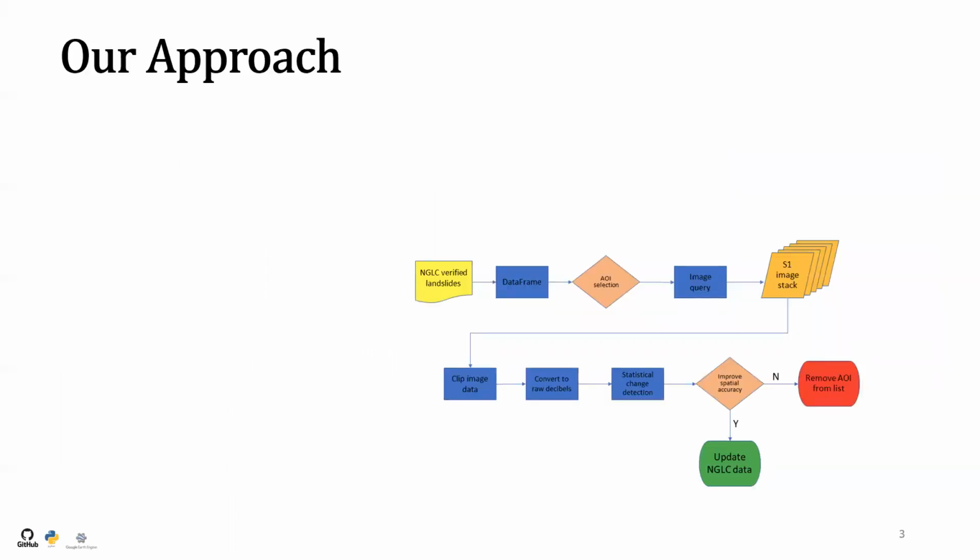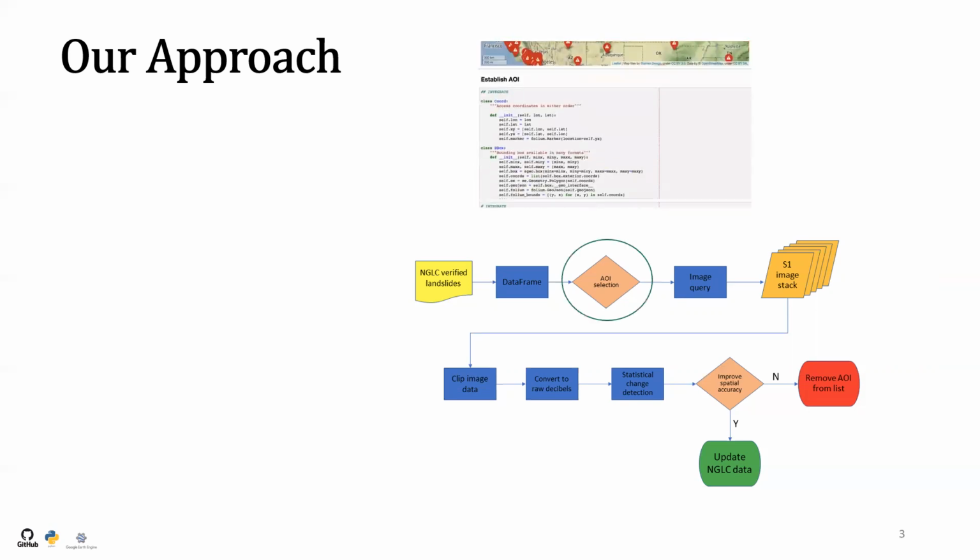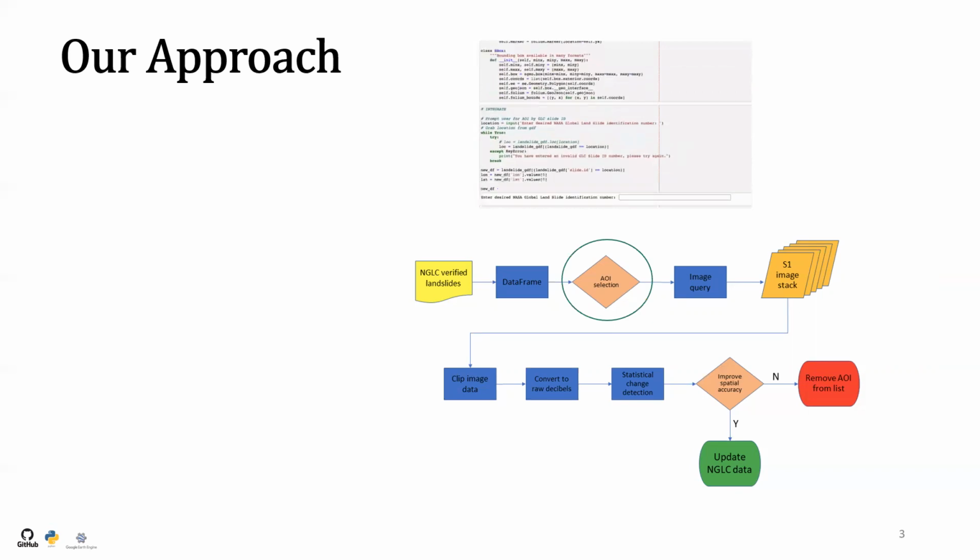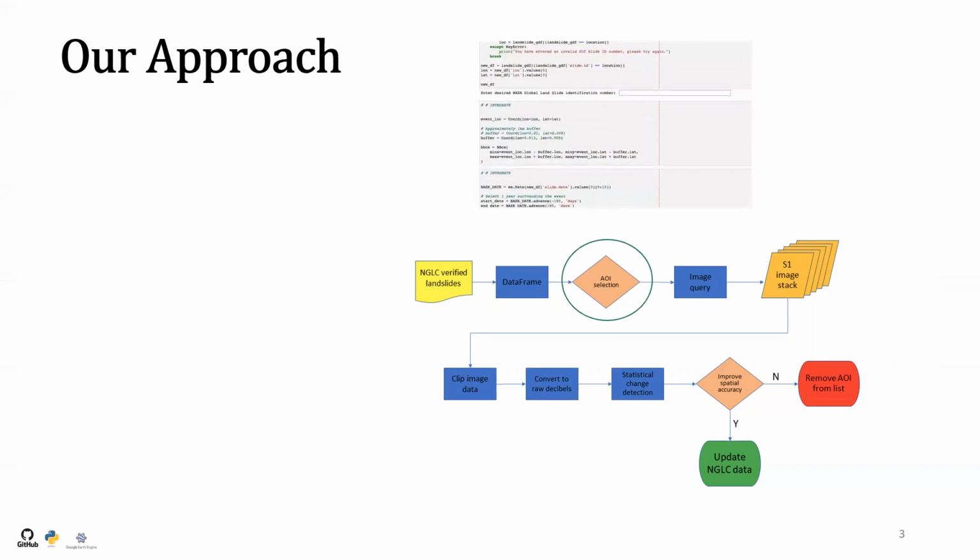So our approach, you'll see there in the workflow, was to take the verified landslides and construct a GeoDataFrame. From that data frame, we would build an AOI selection through a user input. So it's an interactive Jupyter Notebook and reproducible code.